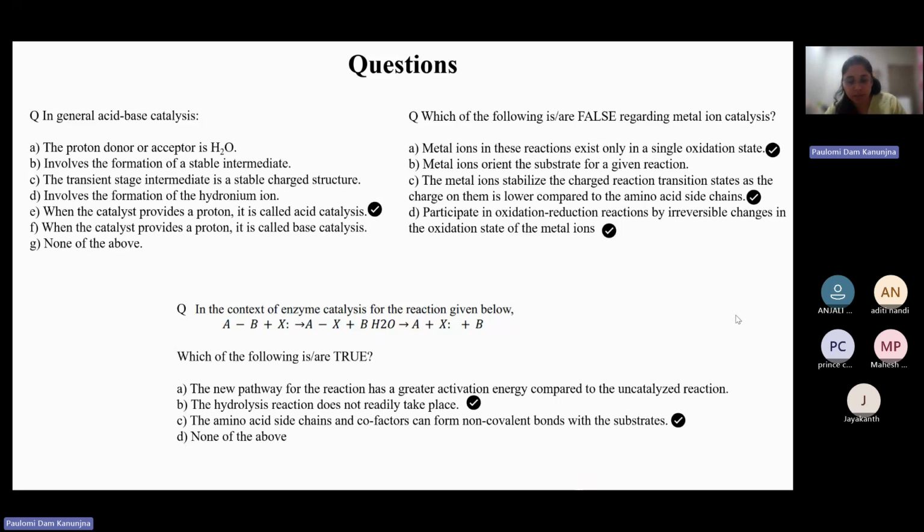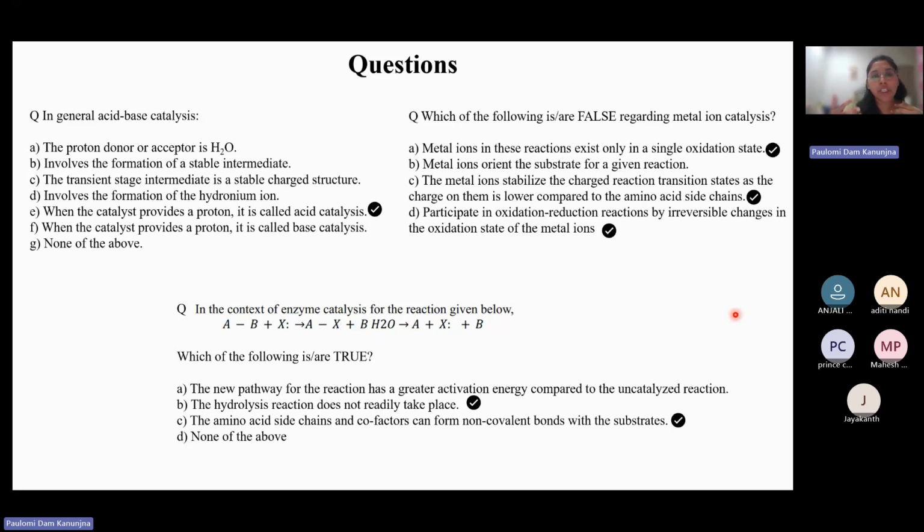Okay, so I think most of you did not answer, and that's correct, because H2O being the acceptor is a specific acid-base catalysis, where you are using water as the proton acceptor or proton donor. But in general acid-base catalysis, it doesn't have water as the proton donor.